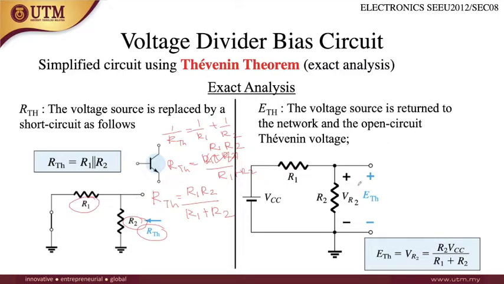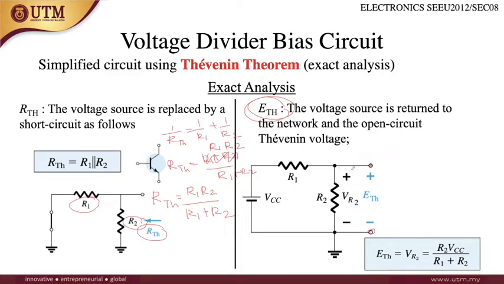Next, we need to find the Thevenin voltage source. The Thevenin voltage is at this point, ETH, which is parallel with resistor R2.